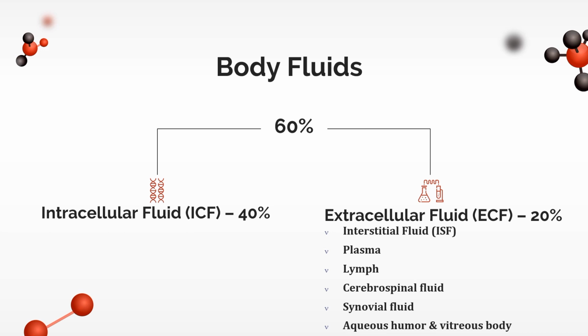Extracellular fluid in and around the brain and spinal cord is known as cerebrospinal fluid. In joints, this ECF is referred to as synovial fluid. The extracellular fluid of the eyes is called aqueous humor and vitreous body.